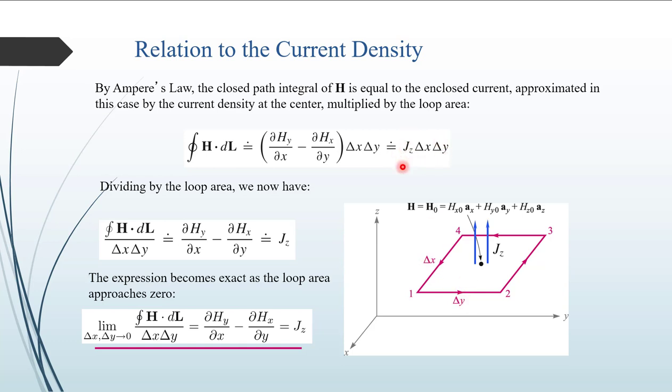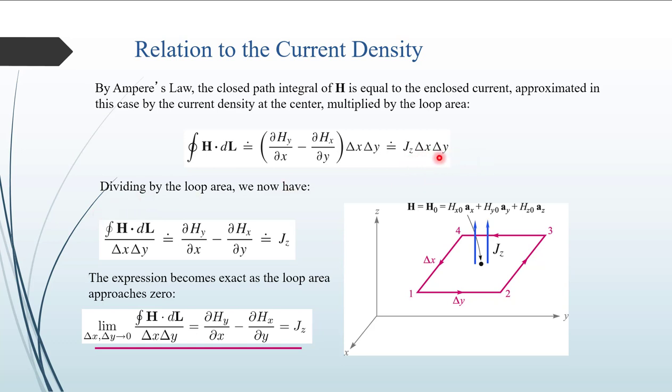That ultimately is equal to the current, because it is going out of the plane. As H is circulated in this plane, the current is obviously going out of the plane. So hence we can write current density into area.